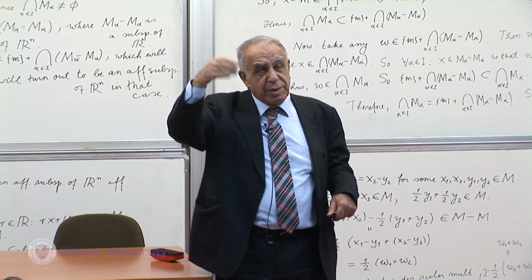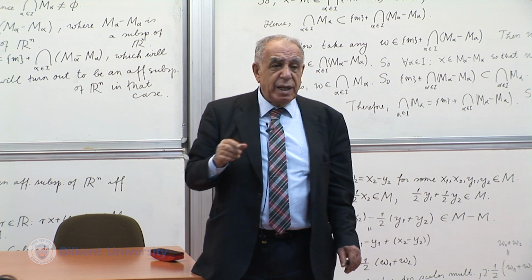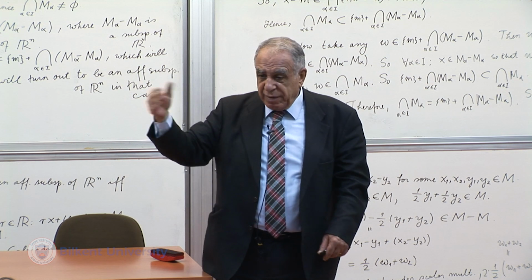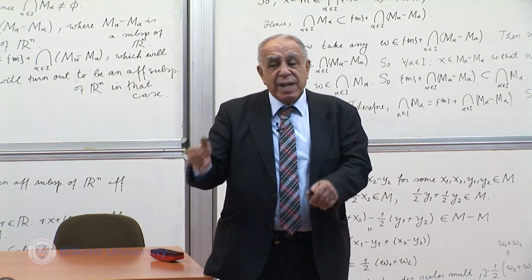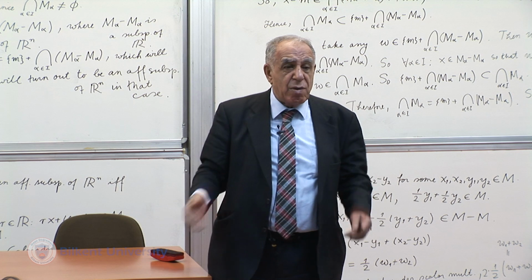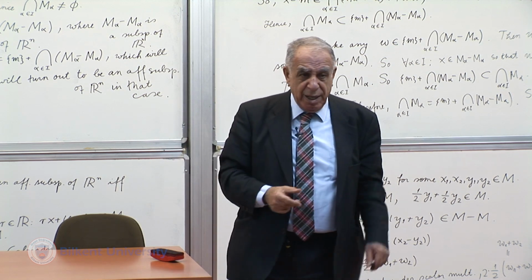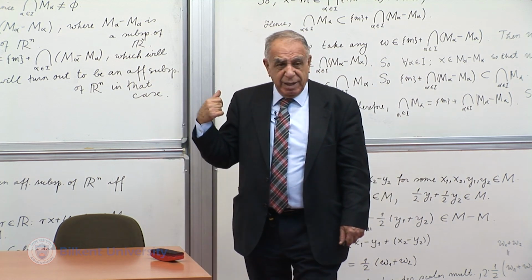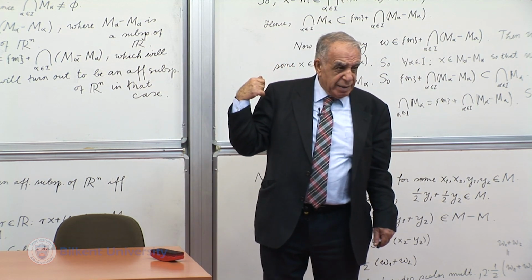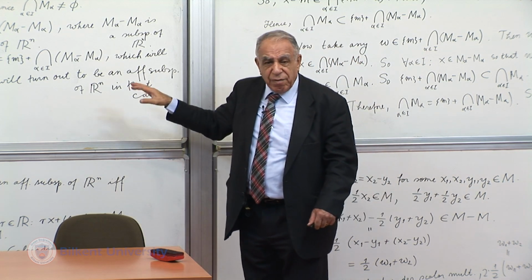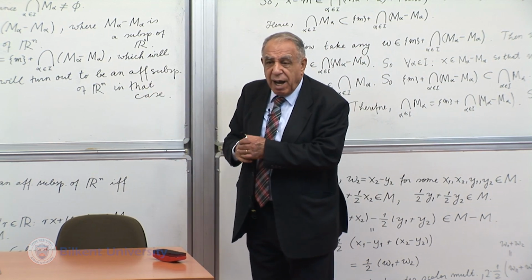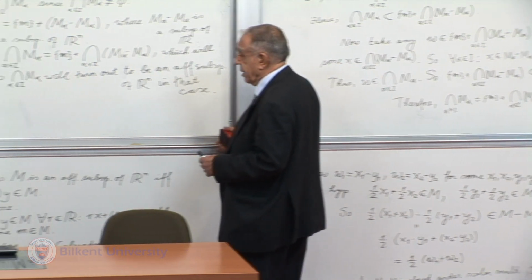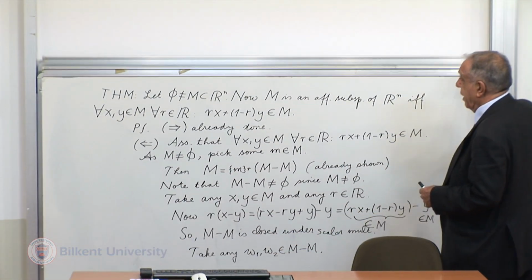If S is a subset of Rn, we have shown it will suffice to take just m plus 1 members of S each time, form their convex combinations, put them all into a basket. That will be the convex hull. Is there a counterpart of that for the affine subspaces? But for that, let us first define the affine hull of a non-empty subset S of Rn.